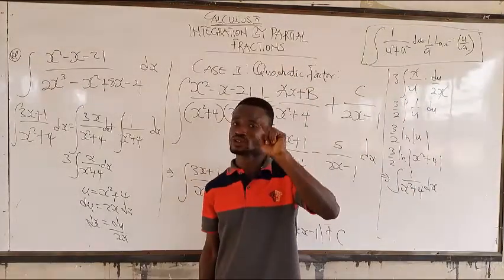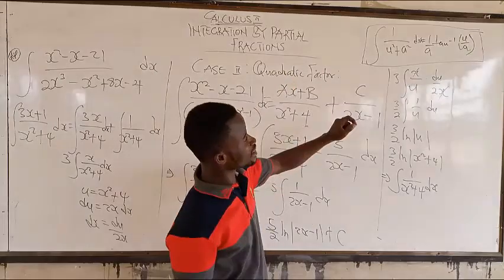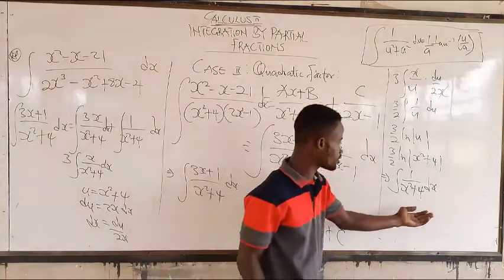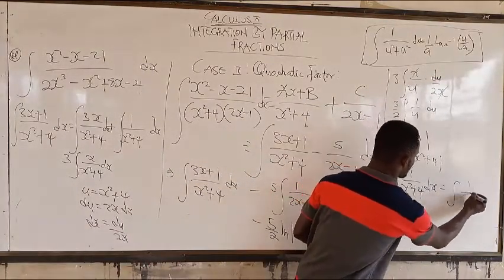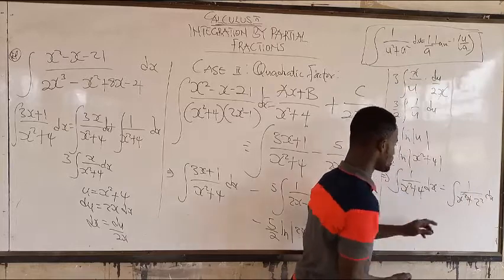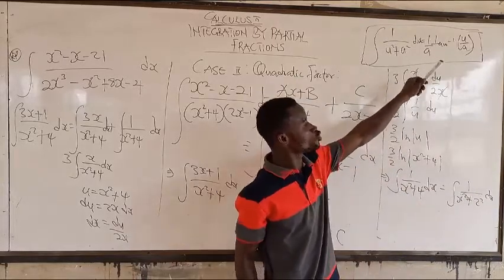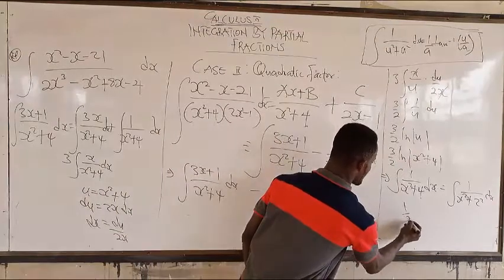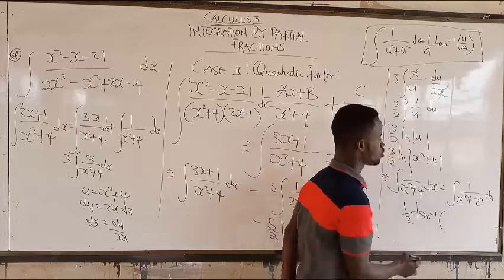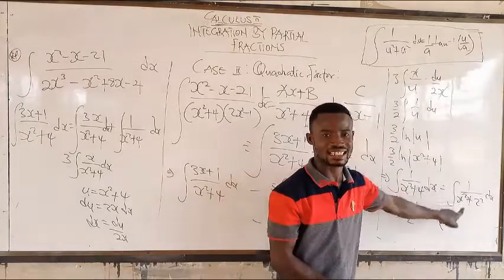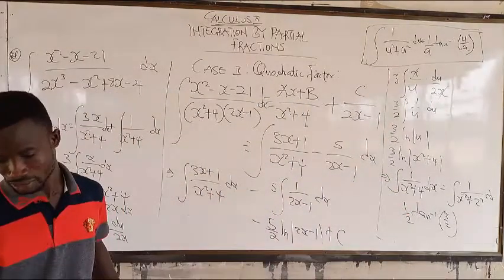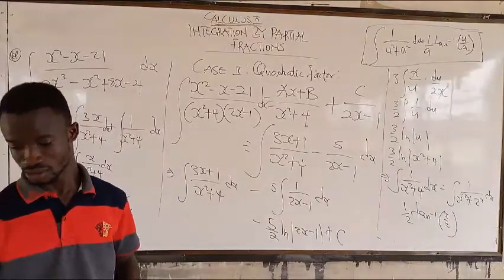But for instance, what we are going to do right now is the integral of 1 over x squared plus 2 squared dx. So here, the a is going to be 2. So the answer is 1 over 2 tan inverse of u. The u is x over 2. Very good.